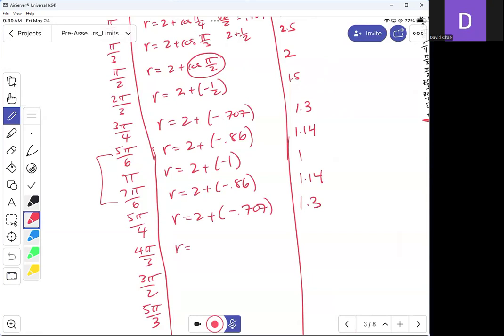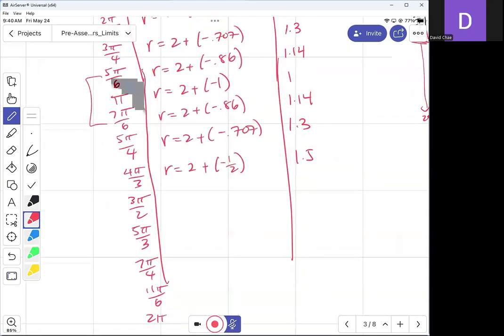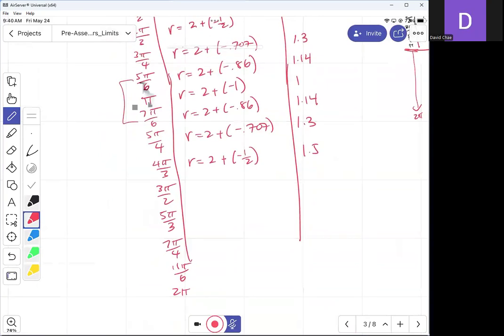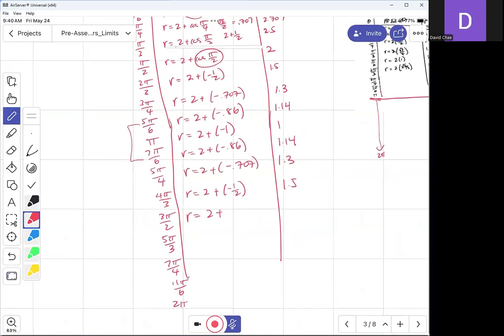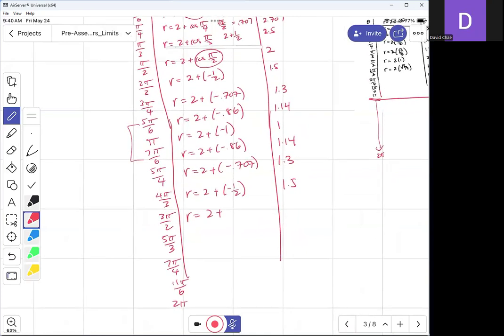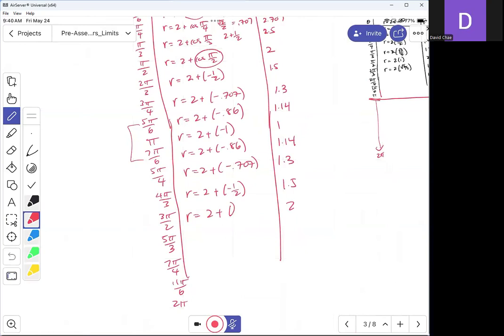Then r is equal to 2 plus negative 1/2, which is 1.5. And then r is equal to 2 plus the cosine of 3 pi over 2. The cosine of 3 pi over 2 is 0, so it'll be back to 2.